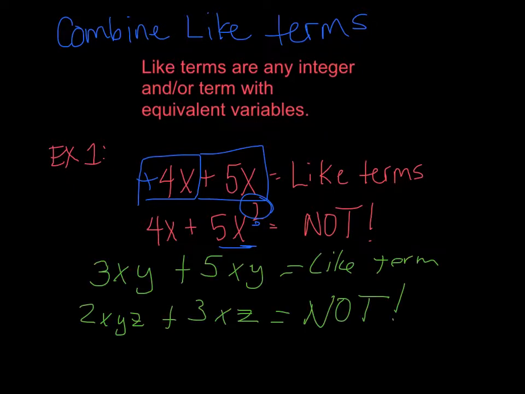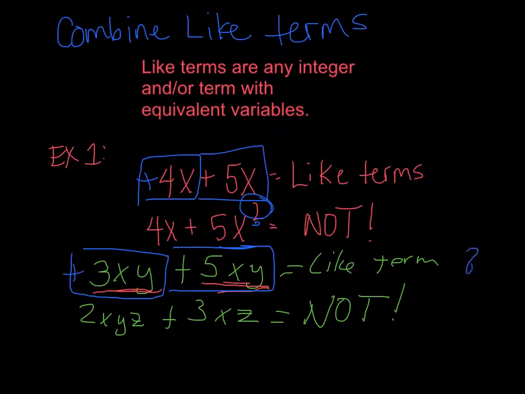Okay, here's another example of like terms and not. We have 3xy plus 5xy. x, y, x, y here. Those are like terms, so you can put them together. Putting multiple variables within a term doesn't change it as long as they have the same variables in each term. So I have a positive 3xy and a positive 5xy, which means now I have a positive 8xy.